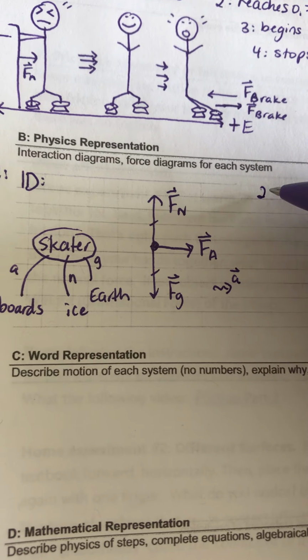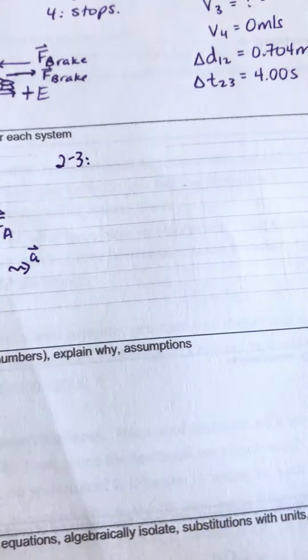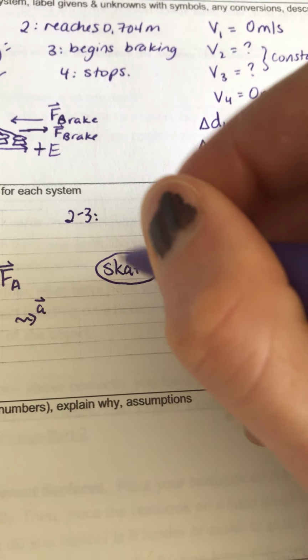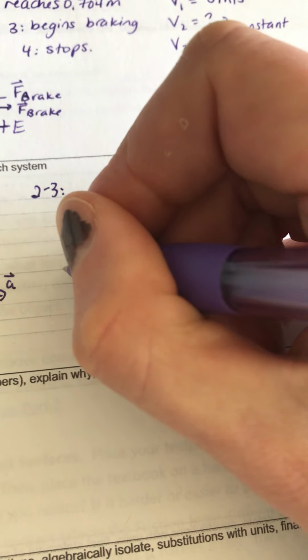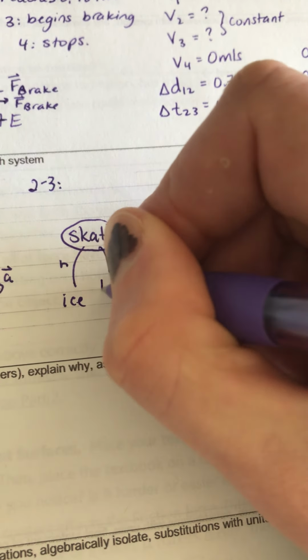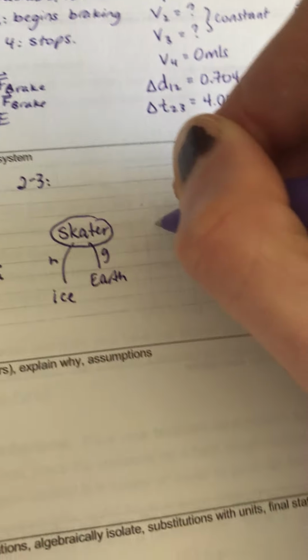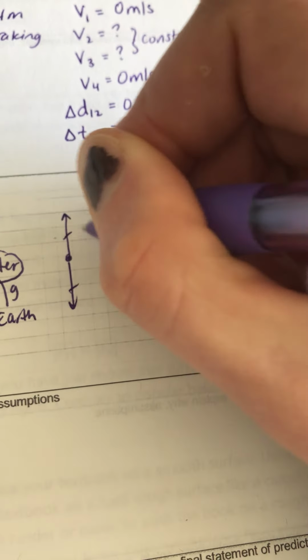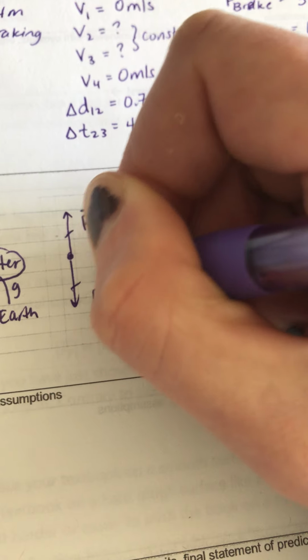Events 2 to 3, the skater moves at constant speed. So the skater has no external forces acting on them. There's miraculously no friction here. Okay, so we have our normal and our gravity. And that means our force diagram is simple.